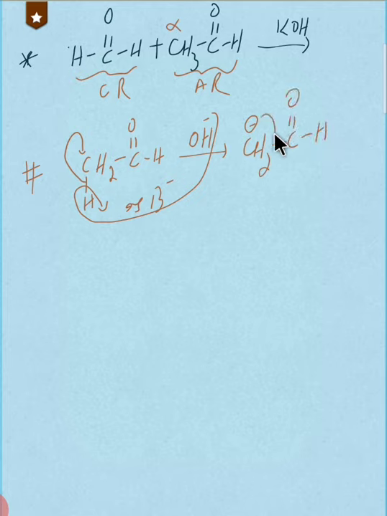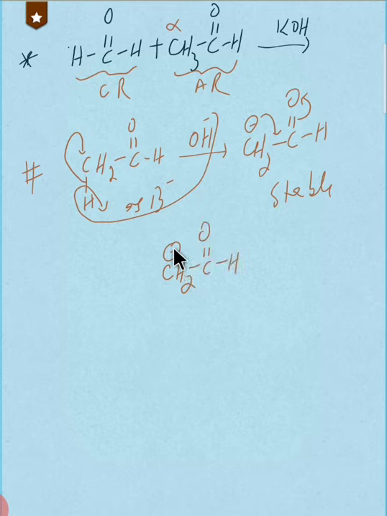This can go here, this can go here, so this is stable due to resonance, right? So in the next step, this enolate ion will act as a nucleophile to attack the formaldehyde, and nucleophile can easily attack because there is no steric hindrance.